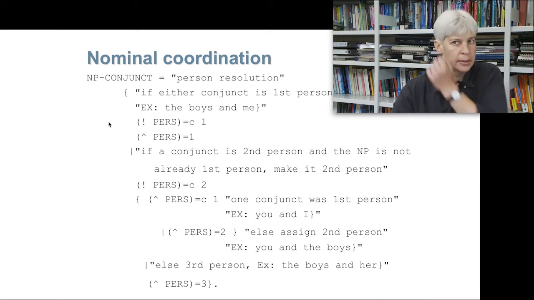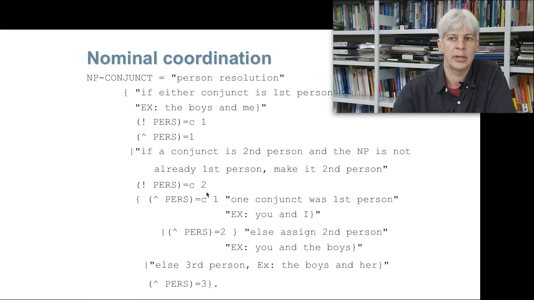Okay. So then you say if one of the conjuncts, if Down's person is constrained to be 1, then the whole conjunct is 1. If a conjunct is second person and the NP is not already first person, make it second person. So these are very complicated. You can see how you can do fairly complicated if-then statements within XLE. So what's this saying?